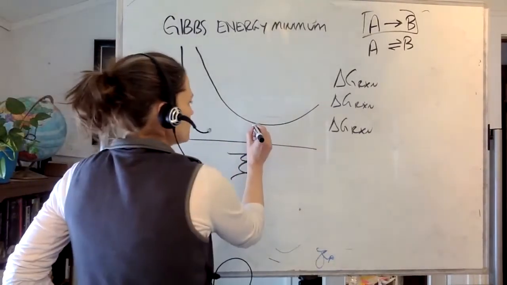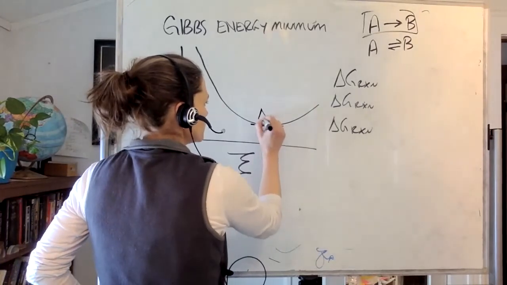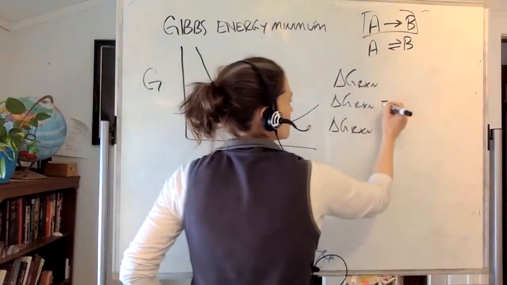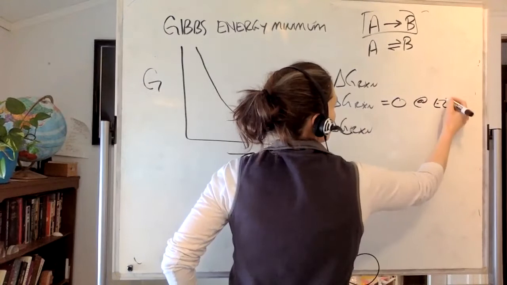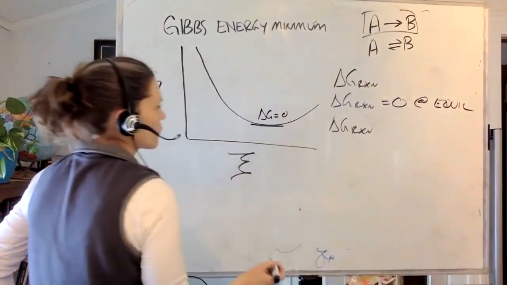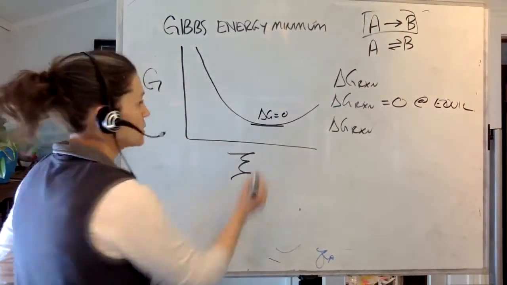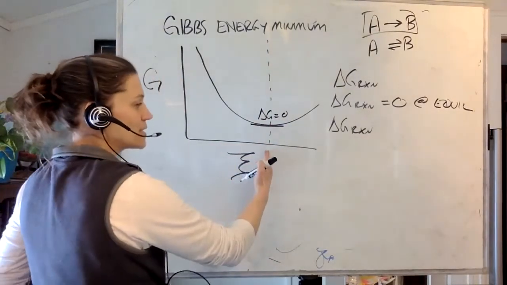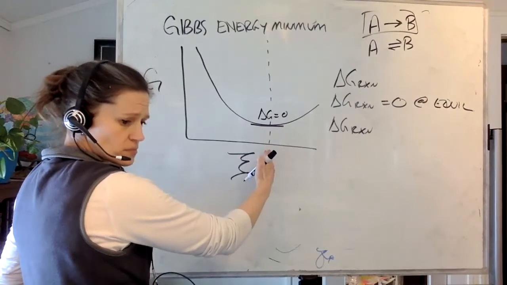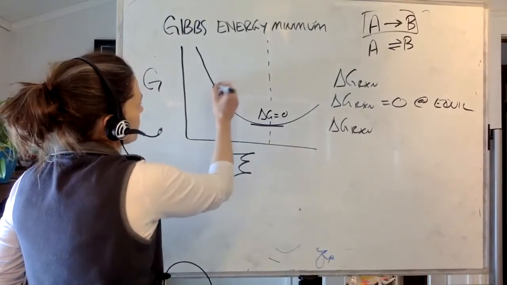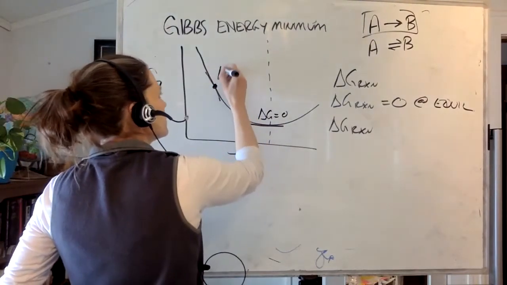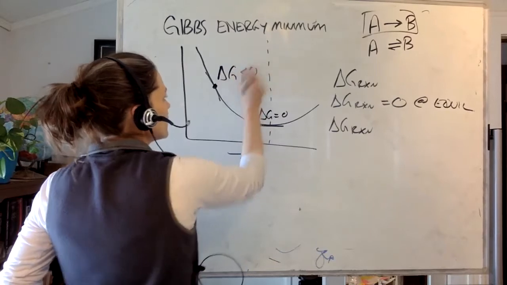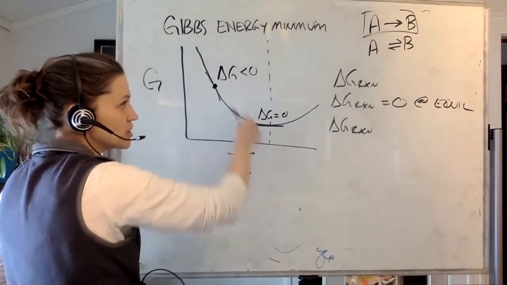So at this point, we've got delta G equals 0 at equilibrium, okay? And I'll go ahead and make a line right there. So this designates the equilibrium condition. If, however, I'm right here, the tangent, delta G is going to be less than 0. So you've got a negative delta G.